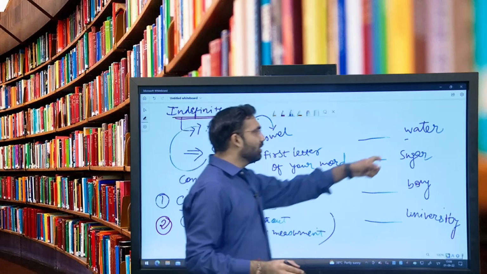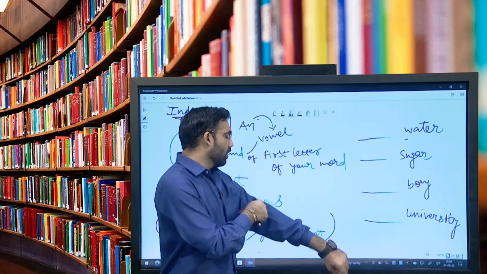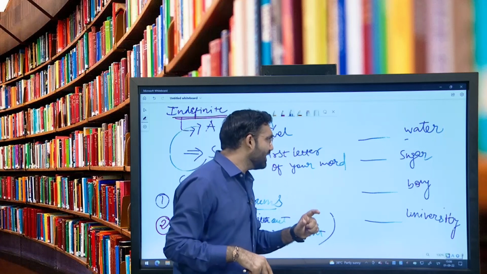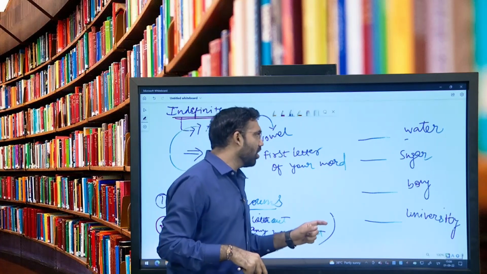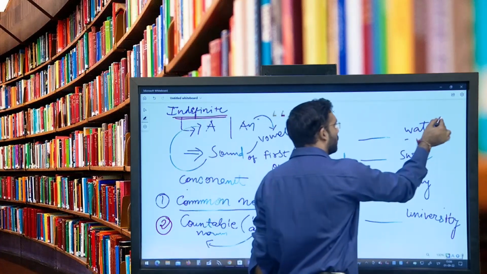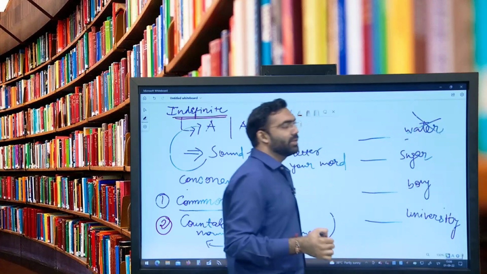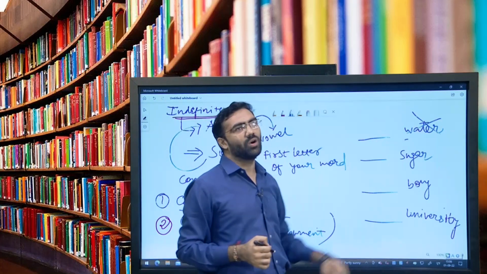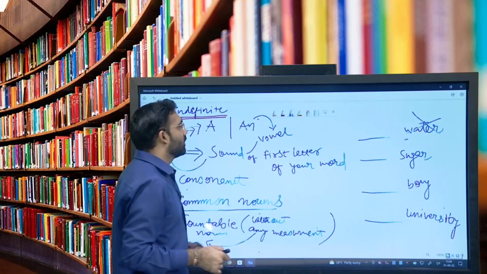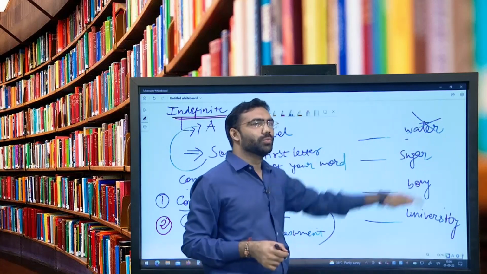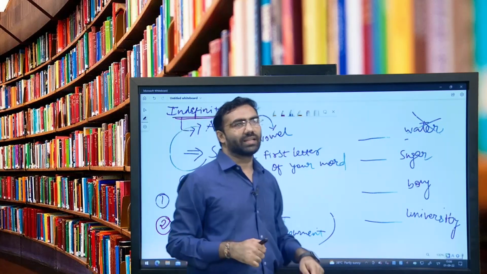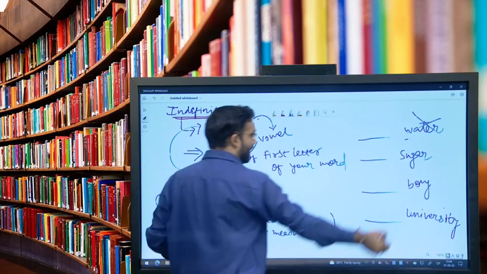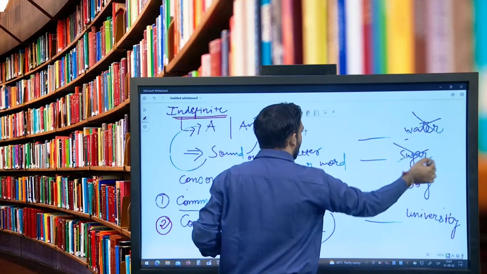Would you require any measurement to measure water? Yes, a cup of water, a glass of water, a jug of water, but you cannot count water without any measurement. So here you would not use it. Sugar? Again, you will require some other measurement such as kilogram or cup.